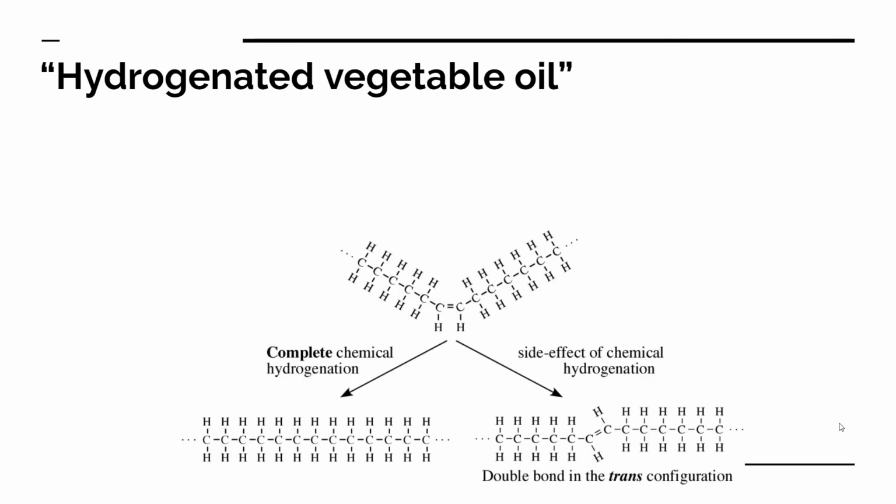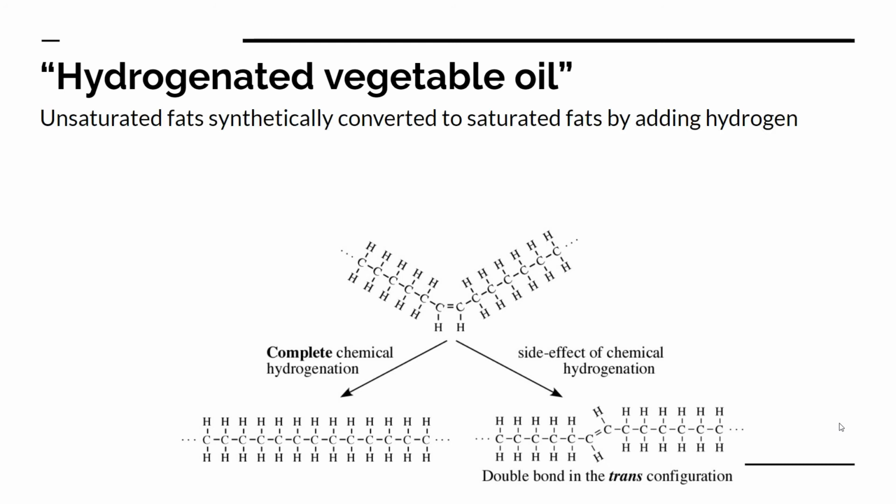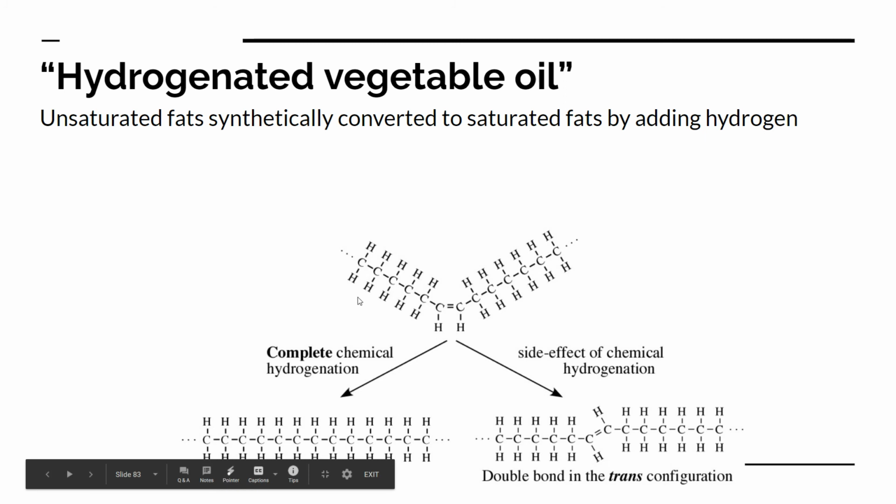You might have also heard of something called hydrogenated vegetable oil. Sometimes companies want to take unsaturated fats like this and synthetically convert them to saturated fats by adding hydrogen.